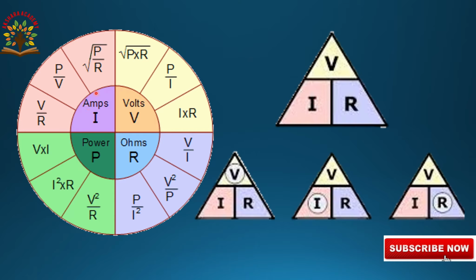I is equal to root of P by R, or I is equal to P by V, or I is equal to V by R. If you want to calculate power in terms of V and I, P is equal to VI, or P is equal to I square R, or P is equal to V square by R. So by using this pictorial representation, it is easy to calculate V, I, R or P using all these formulas.